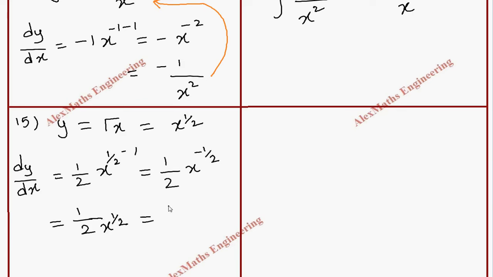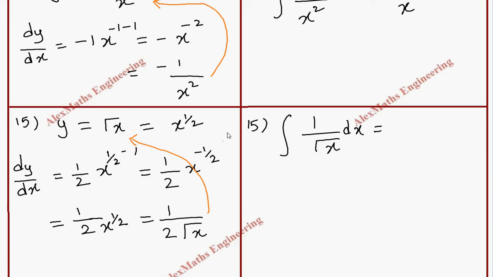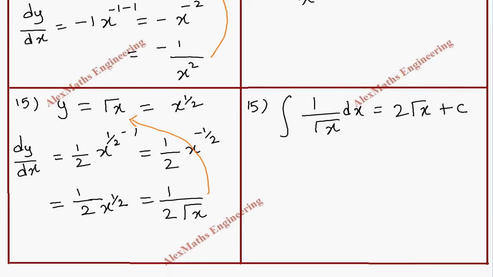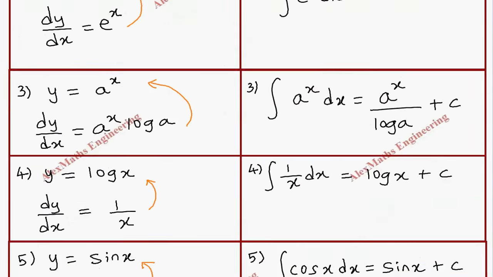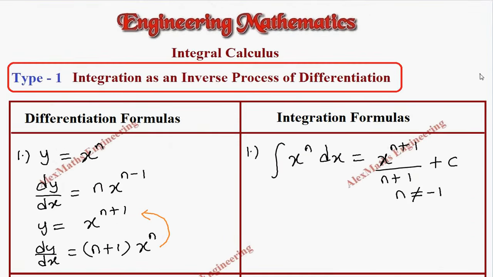Now this x power half can be written as root x once again. So if we want to find the integration of 1 by root x dx, we can write the reverse of this, but we don't have 2, so the 2 will be carried to the other side, so we get 2 root x plus c. So in this way we can get the integration formula from the inverse of the differentiation formula.